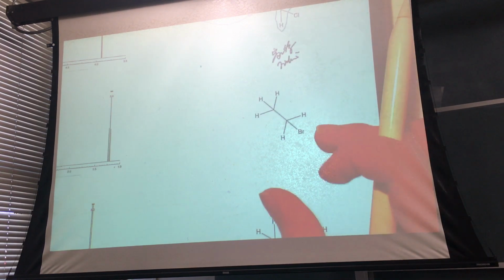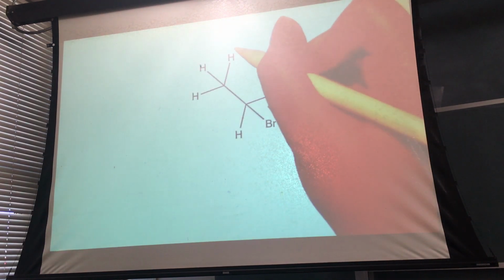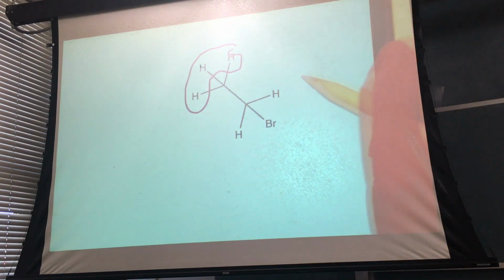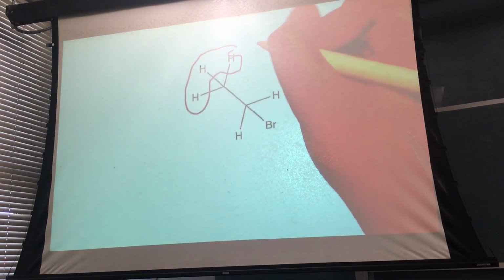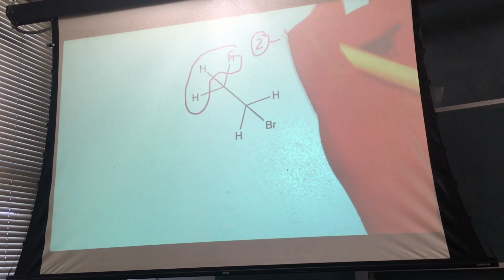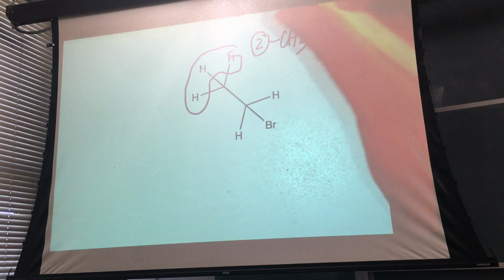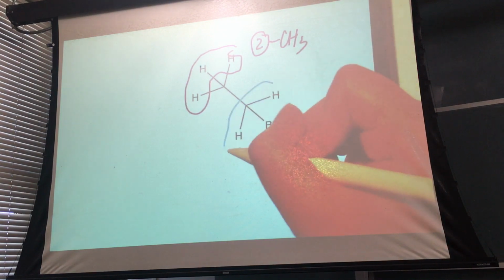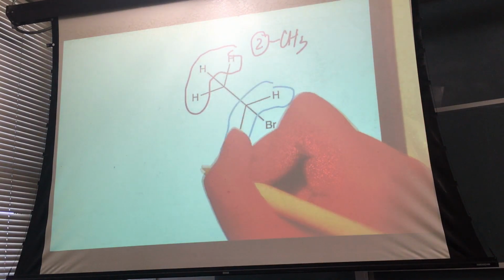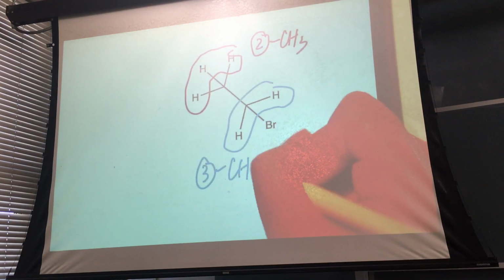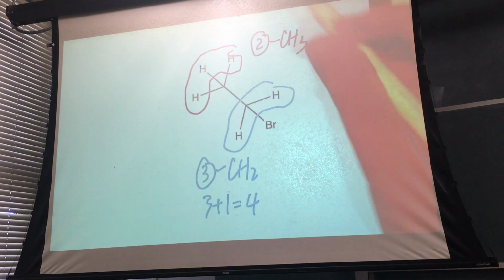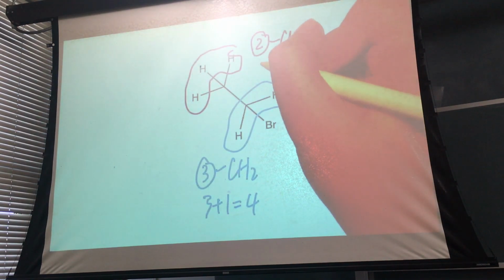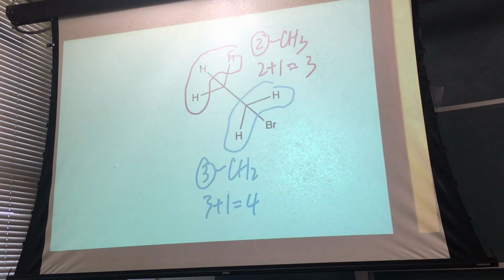Okay, this one. These 3 are the same, and they have 2 neighbors, so it's a 2-neighbor CH3. This one is a 3-neighbor CH2. So this one should have 3 plus 1 equals 4 peaks, and this one should have 2 plus 1 equals 3 peaks.